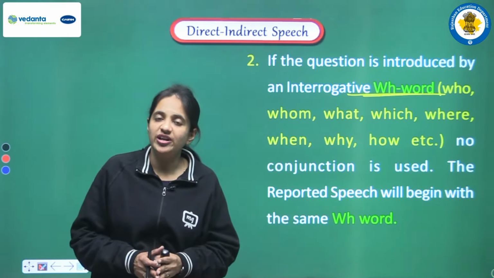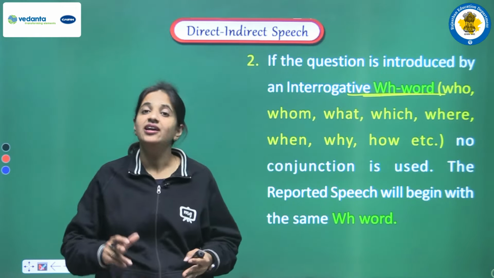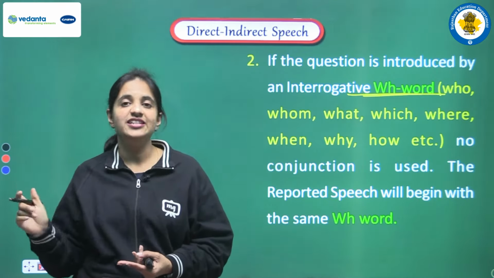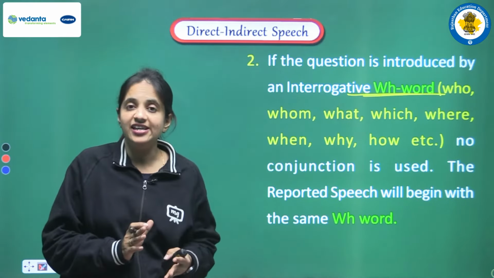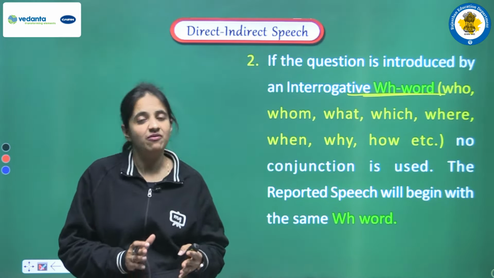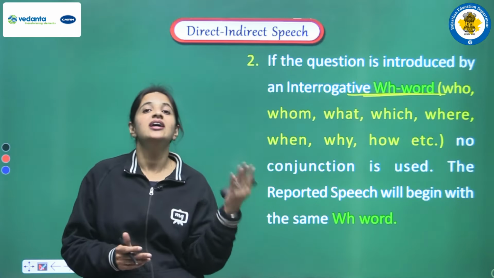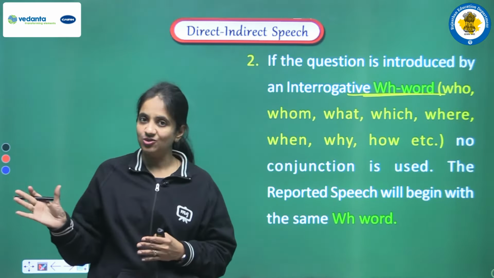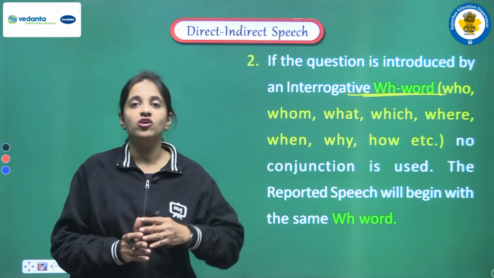I am sure that you all are able to observe this thing, that in the reporting verb we are doing only one change, that is the change of "said to". The second change was in the inverted commas. When we have to remove the inverted commas, then we have to add one conjunction. When we were having the assertive sentence, our conjunction was "that".